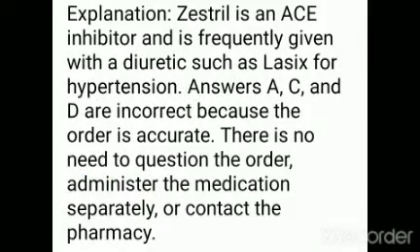Explanation. Lisinopril is an ACE inhibitor and is frequently given with a diuretic such as Lasix for hypertension. Answers A, C and D are incorrect because the order is accurate. There is no need to question the order, administer the medication separately or contact the pharmacy.